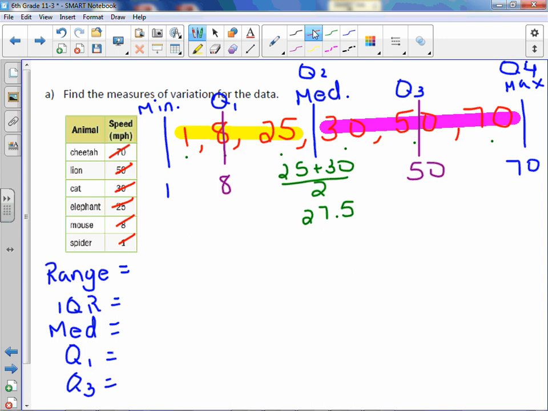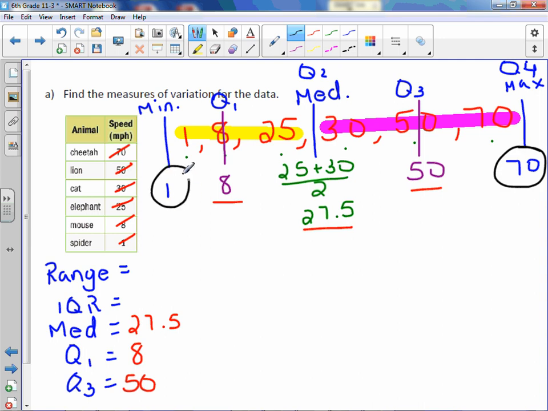We know the quartile 3 is 50. We know that quartile 1 is 8. And we know that the median is 27.5. To find the range, we are going to take the largest value and subtract the smallest value. So 70 minus 1 gives us 69.